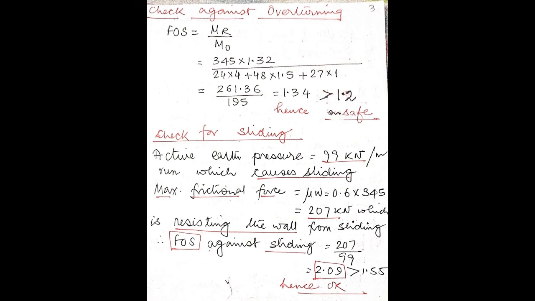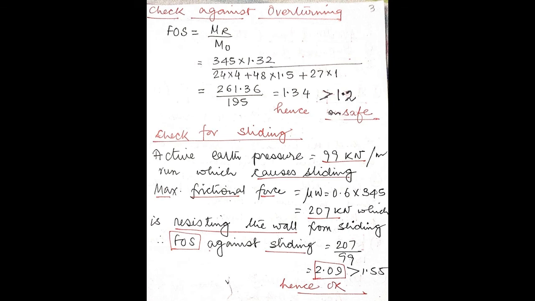The next one is the check for sliding. As I have told you, the active earth pressure always tries to move the retaining wall away from the backfill. So this creates a sliding effect. Active earth pressure we have already found out as 99 kilonewton per meter run. It causes the sliding. Now what is the maximum frictional force? Frictional force will act as a resisting force over here. So that value is equal to mu into W. Mu is the coefficient of friction, that is 0.6, and W is 345.